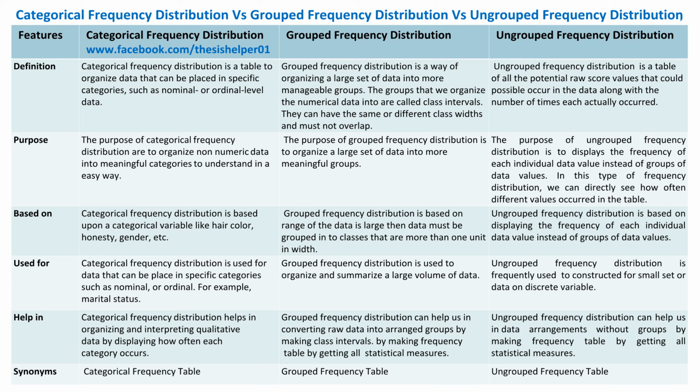Whereas, ungrouped frequency distribution can help us in data arrangement without groups by making a frequency table, by getting all statistical measures. The synonym of categorical frequency distribution is categorical frequency table, whereas the synonym of grouped frequency distribution is grouped frequency table, whereas the synonym of ungrouped frequency distribution is ungrouped frequency table.